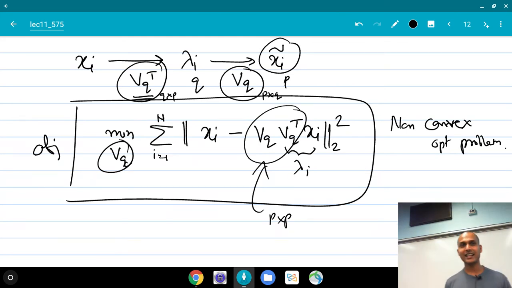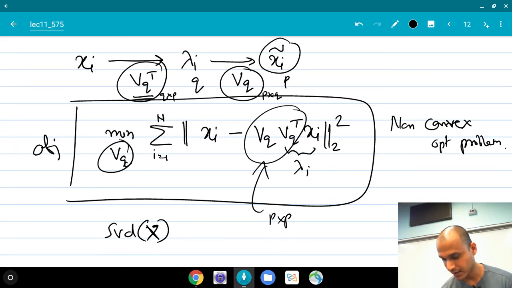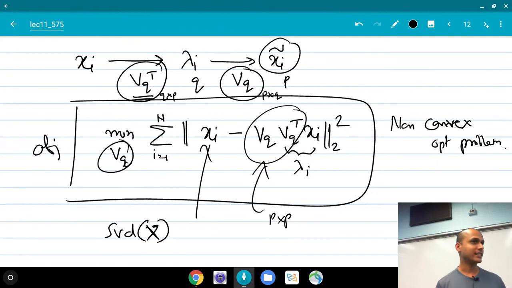Anyway, this is a non-convex problem, but this is one of the miraculous things happening in linear algebra, that you can actually solve this non-convex problem in a very simple way. I wouldn't say very simple, but you can solve it in practice by just calling the SVD function. You call SVD on the data matrix X, remember all these Xi's stacked one below the other is the data matrix.